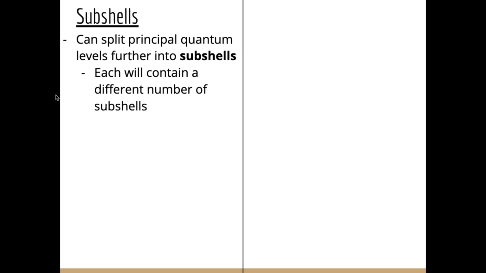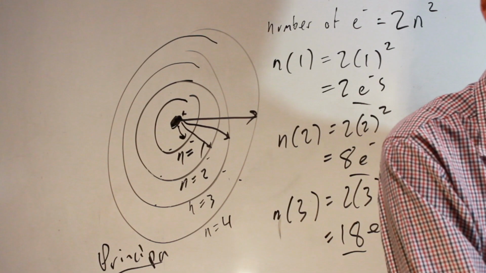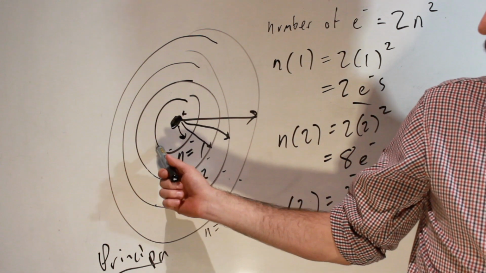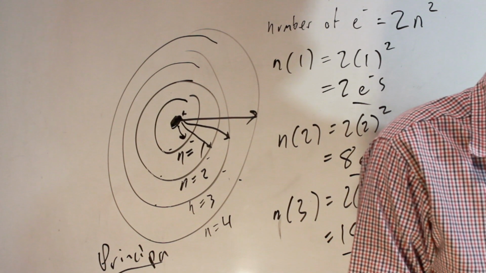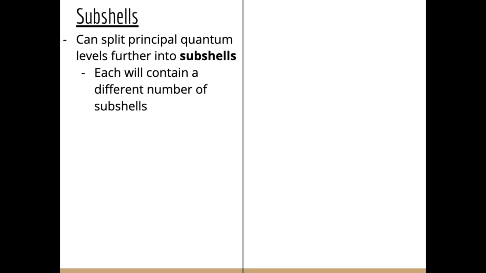So our next bit of vocabulary for the day. Each principal quantum level will contain a different number of subshells. And that makes sense if we think about it, because we just said that the principal quantum levels are different sizes, then you can split them down different ways. They can have a different number of subshells.